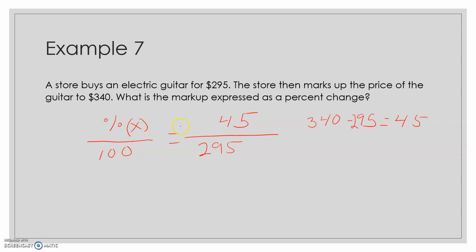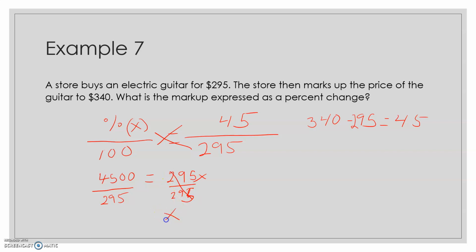And then we cross multiply and we solve. So 100 times 45 is 4,500. 295 times x is 295x. Those products are equal to each other, and we need to get the variable by itself. So we divide by 295 on this side, and on this side we divide by 295.